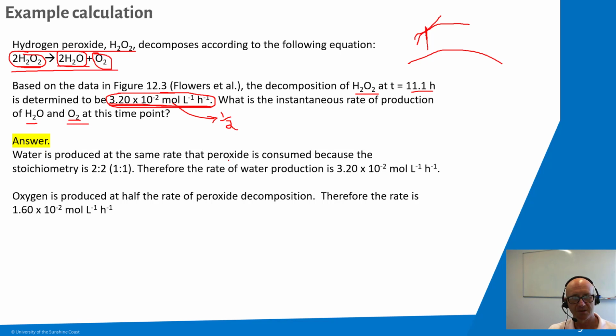Water is produced at the same rate that peroxide is consumed because the stoichiometry is the same. Therefore, the rate of water production is exactly the same as that cited up there. Whereas oxygen is produced at half the rate of peroxide decomposition, and so therefore the rate is half that amount. In other words, it's 1.6 by 10 to the minus 2. Okay, we'll leave it there.